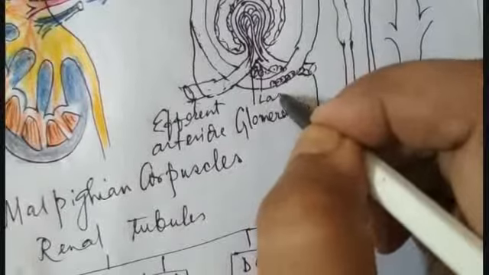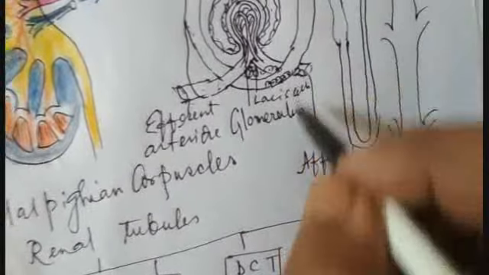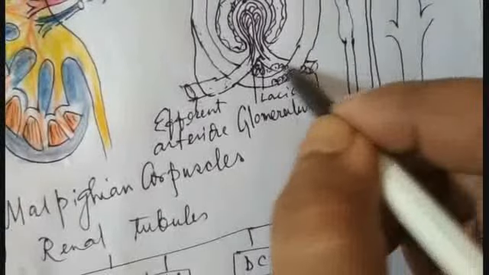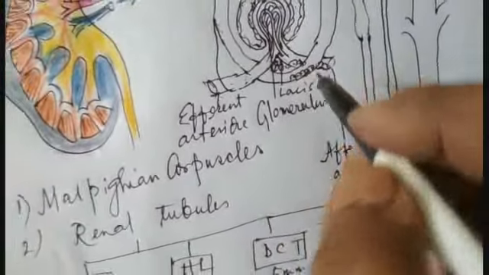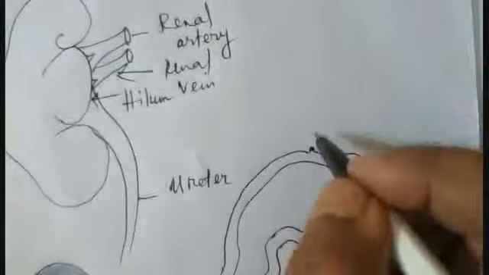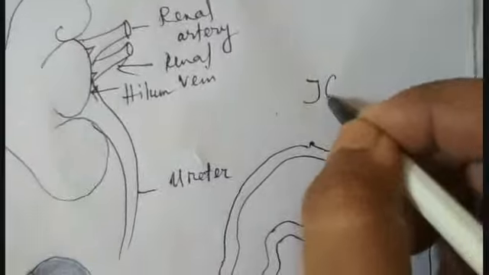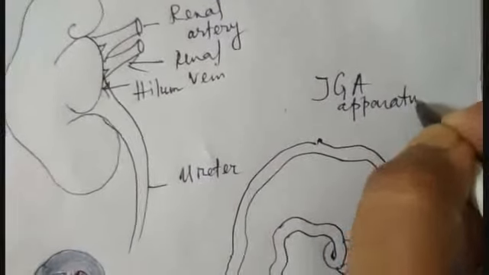This one is the Lacis cell. I think you understand. Altogether, the juxtaglomerular cells, the macula densa, and the Lacis cells are called the JGA, the JG apparatus.